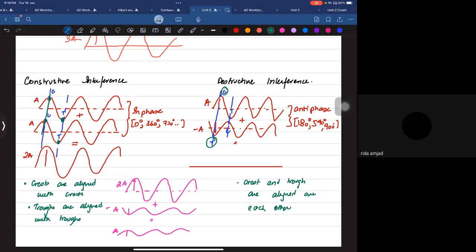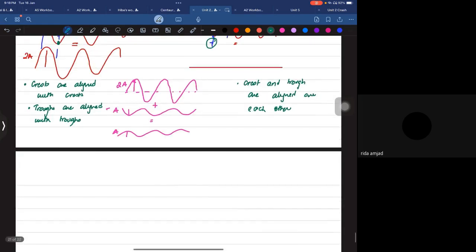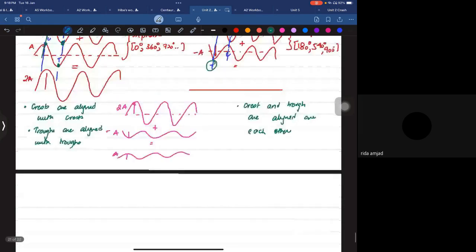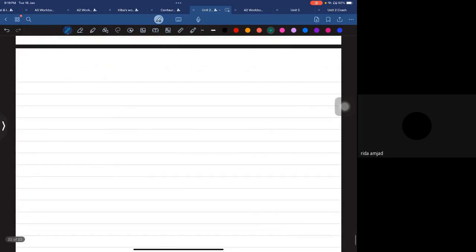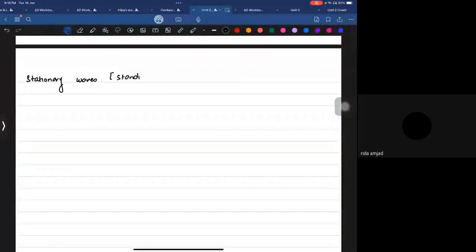Now, if that is the case, then we can see that a direct effect of interference is the formation of stationary waves. Stationary waves or standing waves are basically the same thing. Stationary waves are formed when there are four conditions for it.